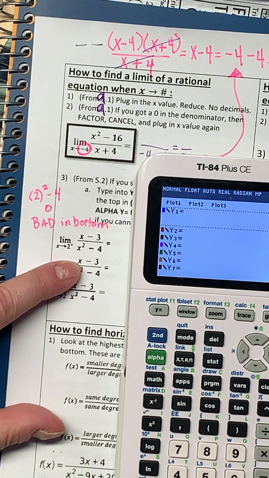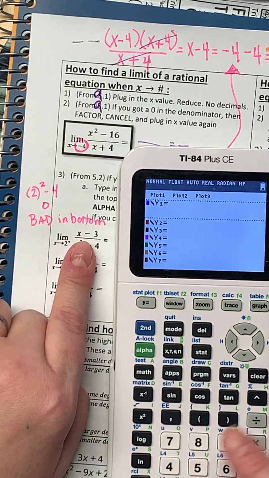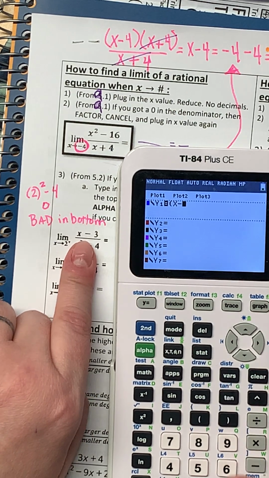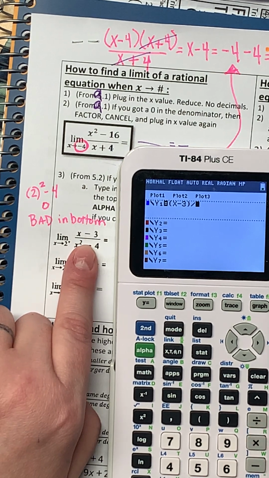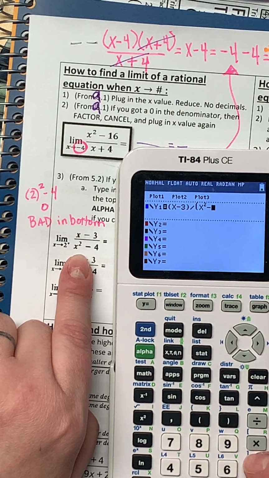So I'll do it the old school way. I'm gonna put x minus 3 first, but first it needs to be in parentheses. So parentheses, x minus 3, parentheses. The division bar means divide sign. Parentheses, x squared minus 4.